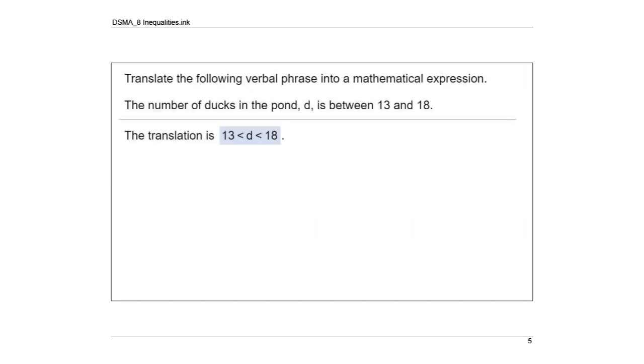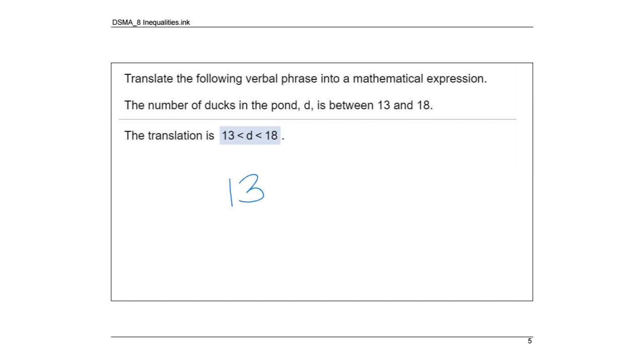All right, let's look at some inequalities. It says the number of ducks in a pond, D, so my variable is D, is between 13 and 18. So we have to watch on these problems. If they want us to include 13 and 18, they are literally going to tell us. They're going to say that it's inclusive. Because it does not have that wording, we are not going to include 13 and 18.